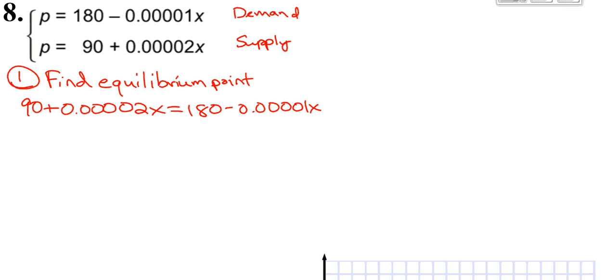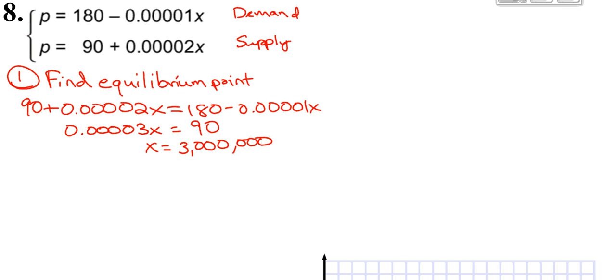Then we'll add 0.00001x to both sides and subtract 90 from both sides, so we get 0.00003x equals 90, and then x equals 90 divided by 0.00003, which is 3 million. That's what x is equal to.